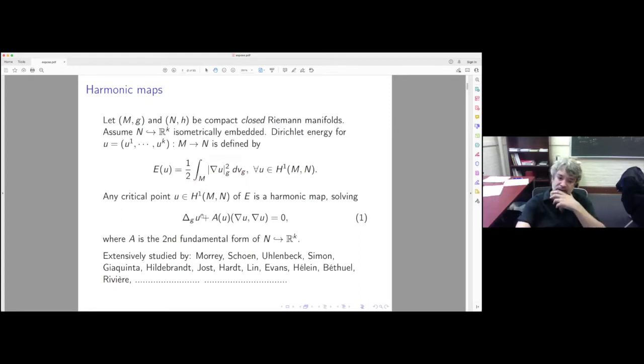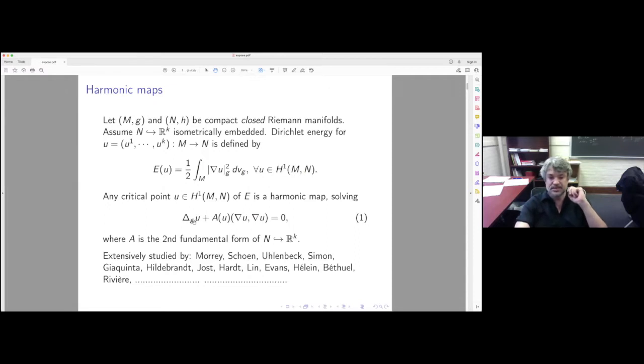And formally, if you are smooth enough, it will solve this equation. So A is the second fundamental form of the embedding. You see that here you have a critical equation because u being bounded, since the target is a closed manifold, this is like a gradient of u squared, and so it scales like the Laplacian.